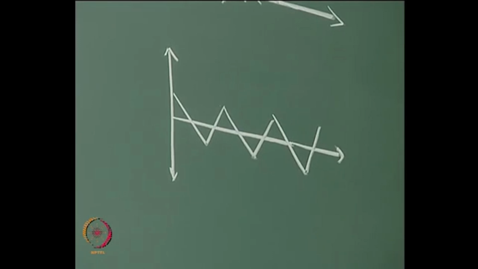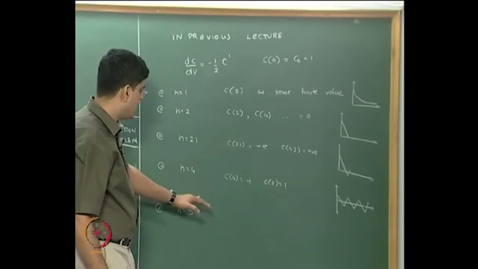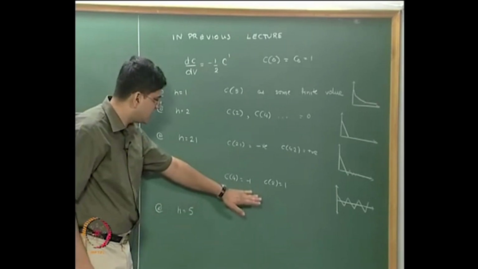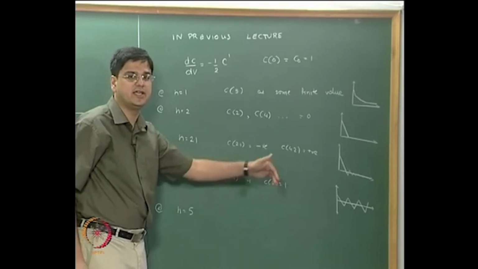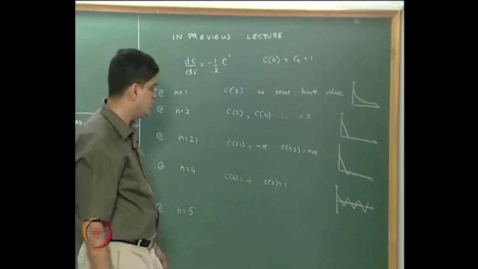That is the behavior that we saw at h equal to 4, and finally when we increased h from 4 to 5, but any value greater than 4 will suffice, what happened was that C5, C10, C20 and so on started increasing, and finally the concentration just blew up.